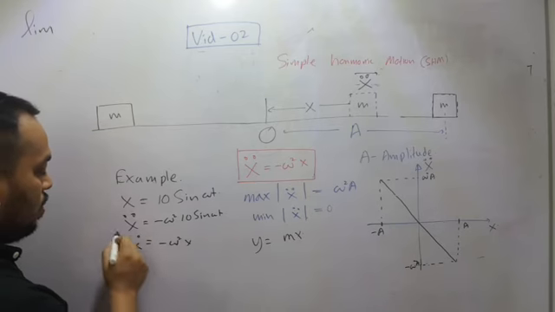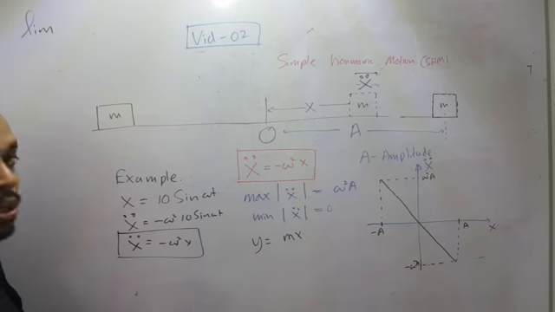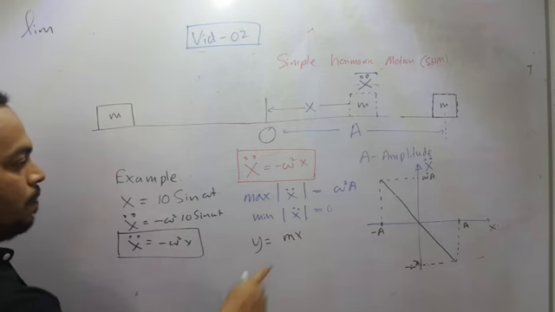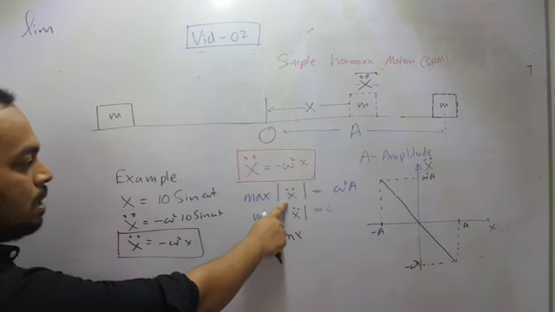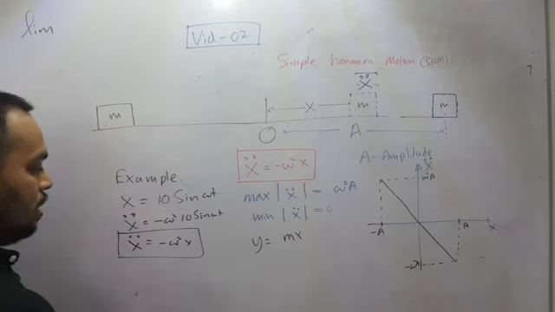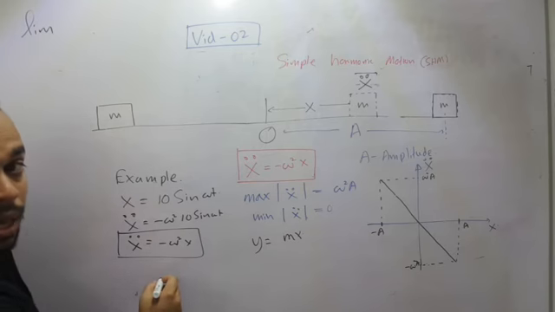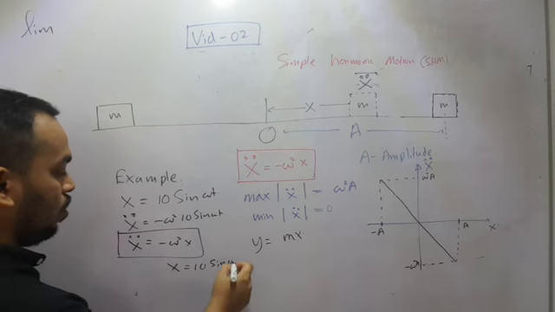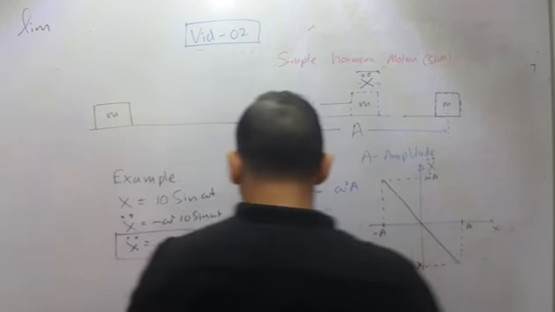which is equal to minus omega squared x. So first we showed that the particle follows simple harmonic motion. Now, to find the maximum absolute value of acceleration, you need to find the displacement range. So let's take x equals 10 sine omega t. This is a sine function.